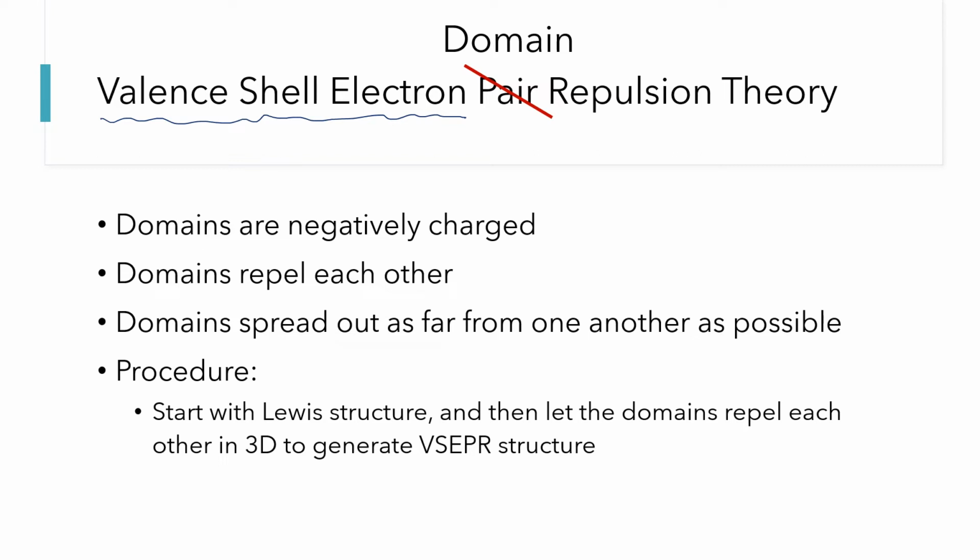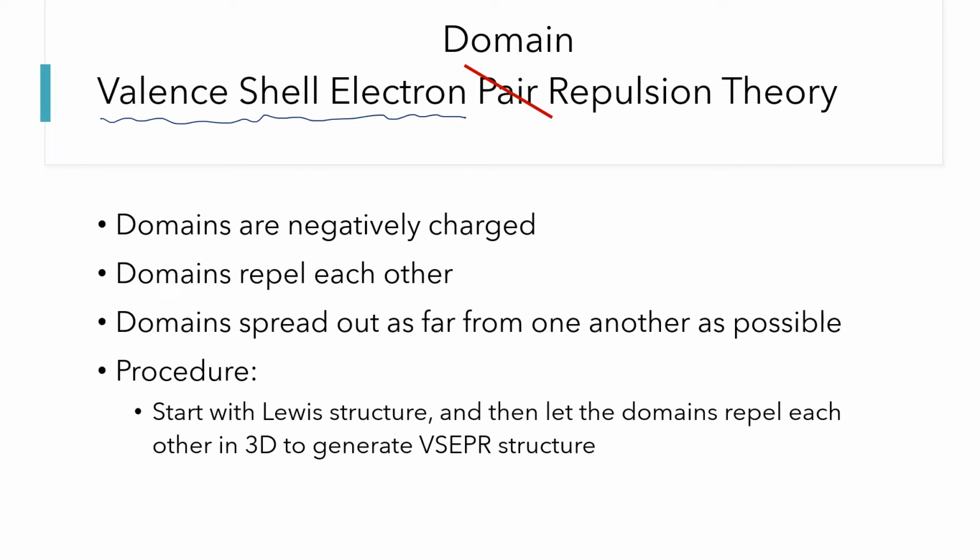So here are the big ideas. Domains are negatively charged because they consist of clouds of electrons. That means that domains will repel each other, because one domain with its negative charge will repel another domain that has that same negative charge. Because of this repulsion, the domains that are on a central atom in a molecule will spread out as far as possible from one another.